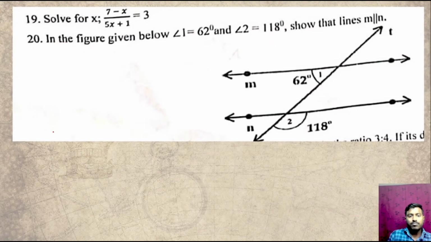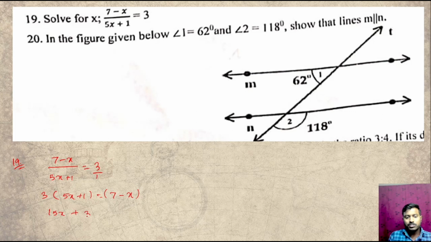Question 19: solve (7 minus x) divided by (5x plus 1) equal to 3. By the cross multiply method, we can write 3 into (5x plus 1) is equal to 7 minus x. Now multiply: 15x plus 3 is equal to 7 minus x.